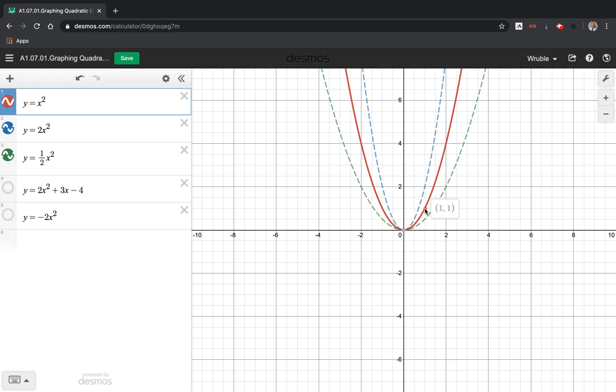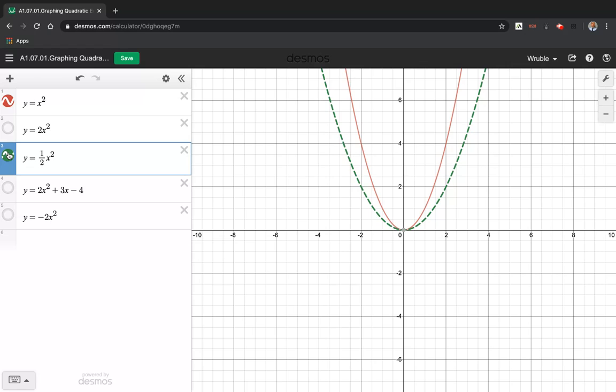So 1/2 times 1 is 1/2. So 1, comma, 0.5 is our value for that graph. Basically every y value is divided by 2. Here we had the point 2, 4. 4 divided by 2 is 2. And so we have the point 2, comma 2. So I'm going to shut those 2 off.